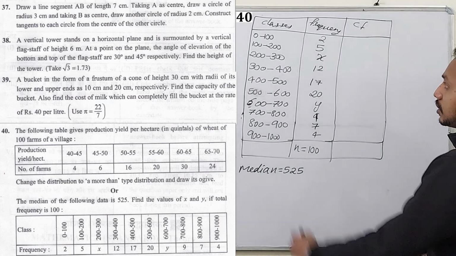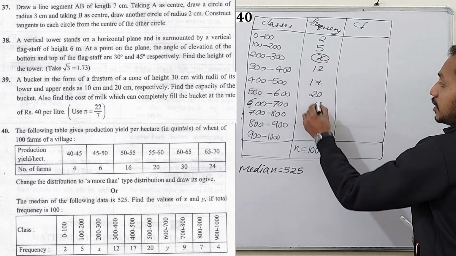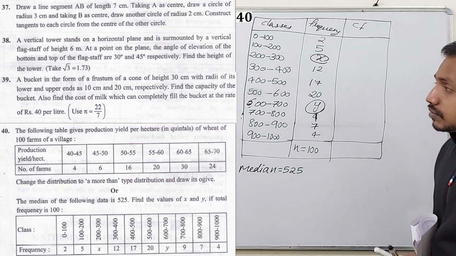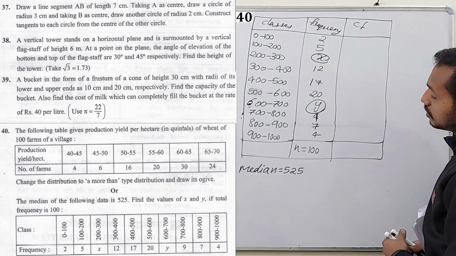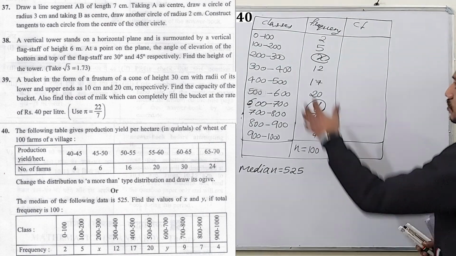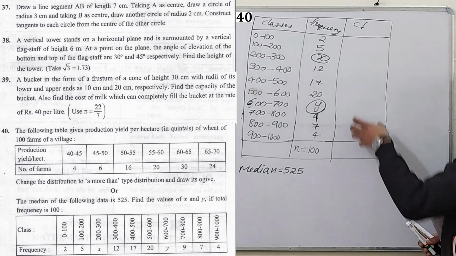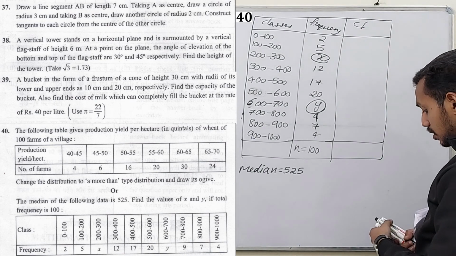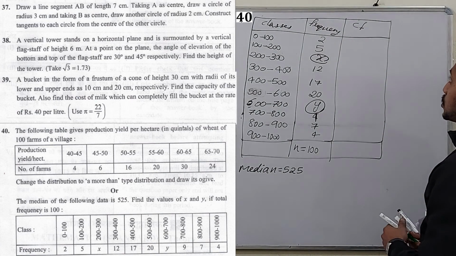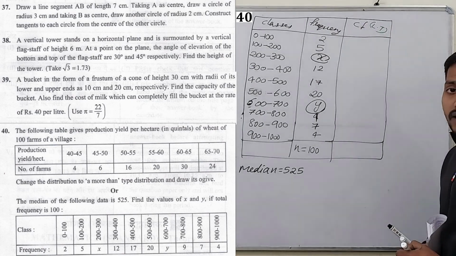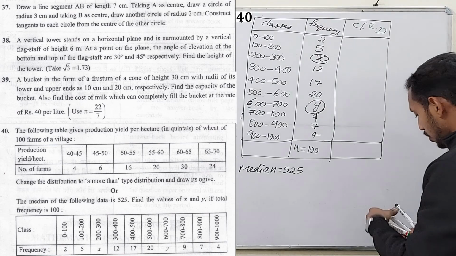We have to find the values of x and y. For that, first we need to find the cumulative frequency distribution. We are going to solve this question by using the less than type cumulative frequency distribution.